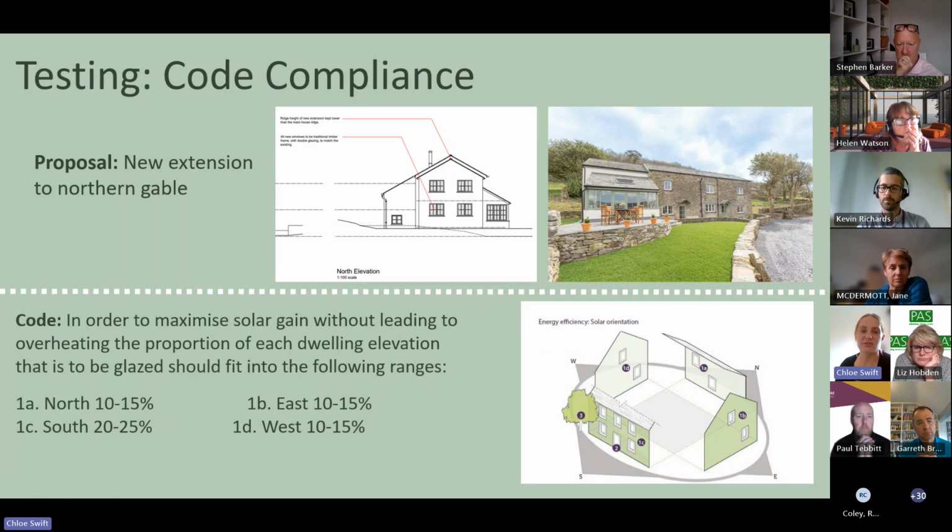Additionally, it's not traditional for homes in the Lake District to have multiple windows on the gable end of buildings. So this application was approved, but had the code been adopted, the outcome of this application might have been different. The applicant might have gone away and looked at the code and revised the application as a result.